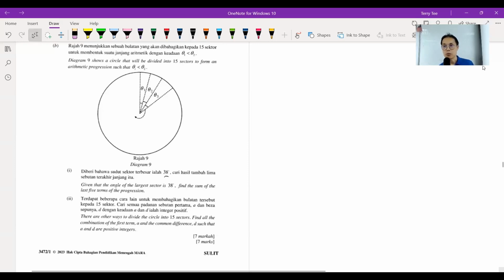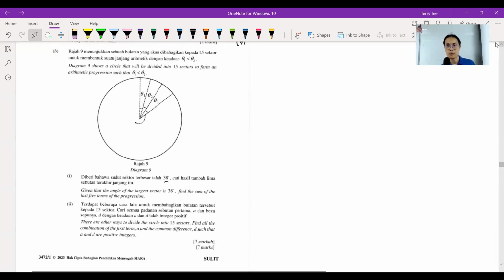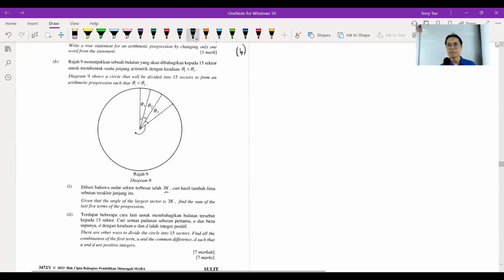So, we know that, I move it up a bit here. I start from here. Now, we know that this sector has total angle of 360 and they have 15 sectors. So S15 is 360. Now we know the last sector has angle of 38. Your T15 here has angle of 38.